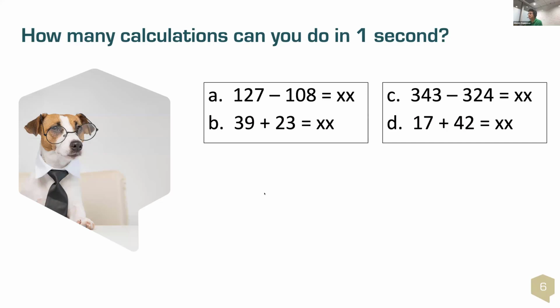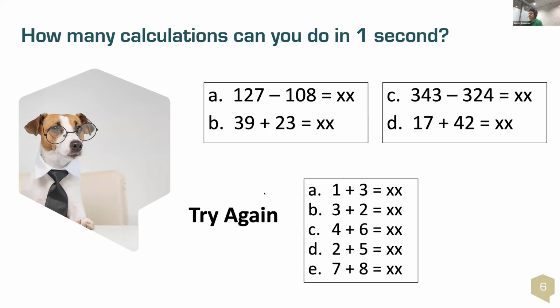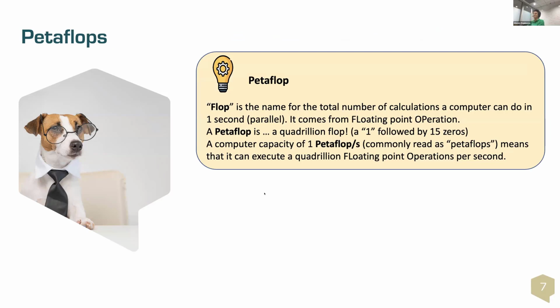They are called floating point operations, basically sums, subtractions, and multiplications. This is to challenge you on how fast you can do these operations. Probably you are very good at mental maths, but there is a limit. But those are the operations.